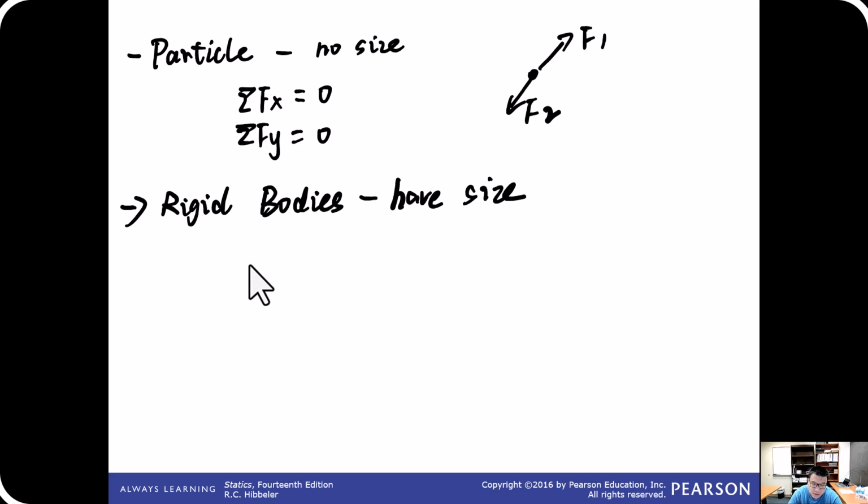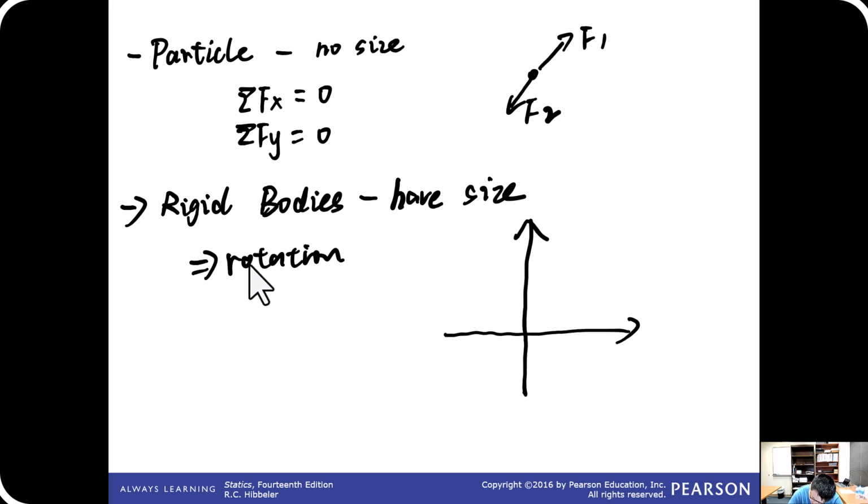So forces on the rigid bodies are not concurrent, which means the forces could make the rigid body have some rotations. So for example, we have x and y. Here is the rigid body. We have F1, F2. Okay, it could make this rigid body rotate.